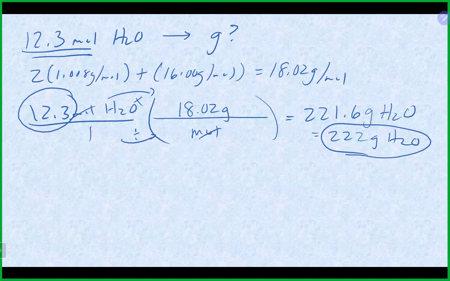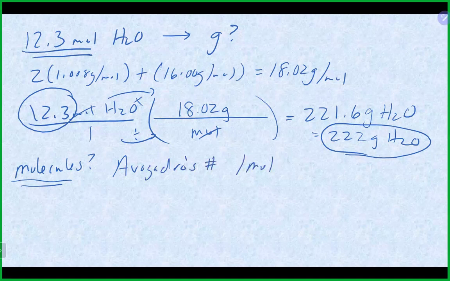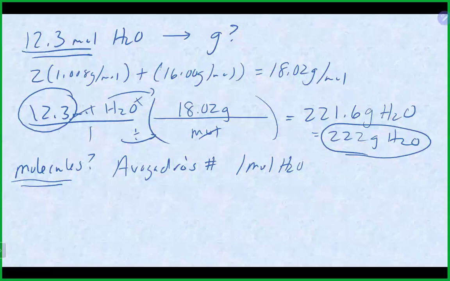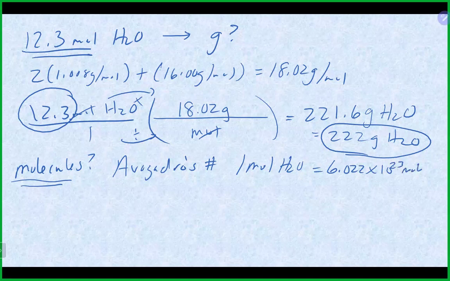And if we want to know how many molecules that was, for example, we could take this calculation one more step of the way. And because we are looking for molecules at this point, that puts Avogadro's number into play. And we know that for 1 mole of anything like water, there is 6.022 times 10 to the 23 molecules.